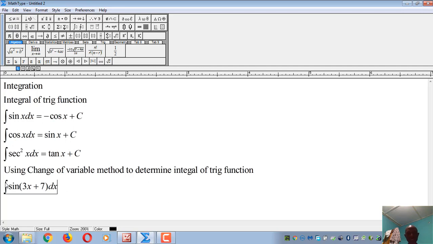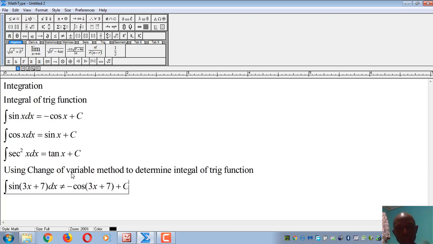Now it's not quite straightforward, it's not the same thing. I cannot just say that this is equal to minus cos 3x plus 7 plus c. This is wrong. So we cannot apply that.